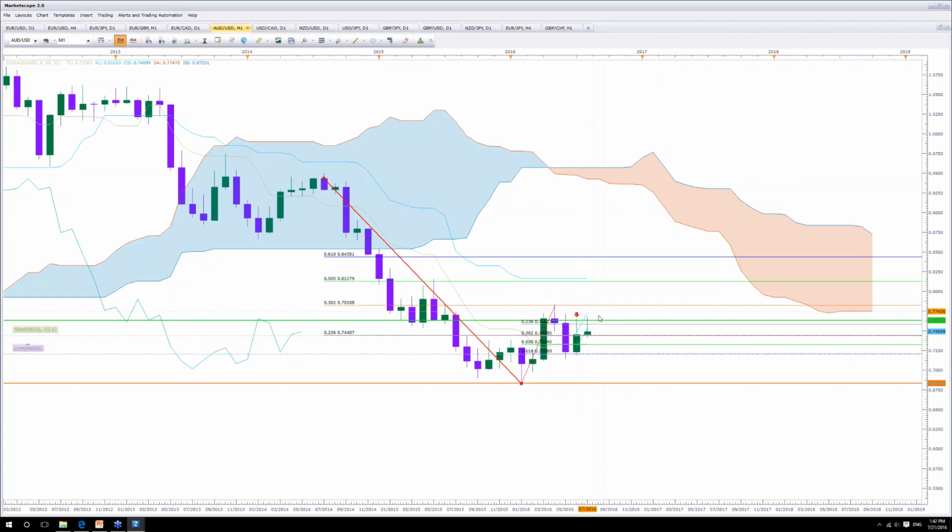This month we have a spinning top with a very long shadow to the top, which means that next month, in about 10 days, we might have a direction or a signal coming up. But even from a very long-term point of view, Aussie dollar is pretty indecisive.